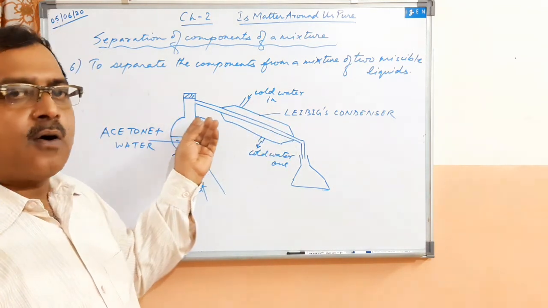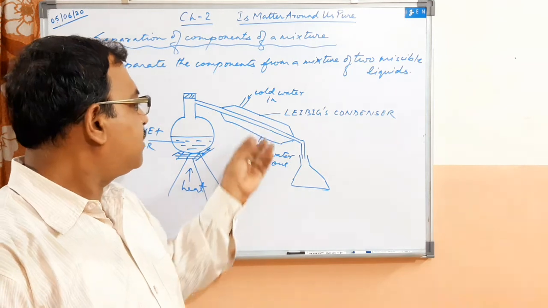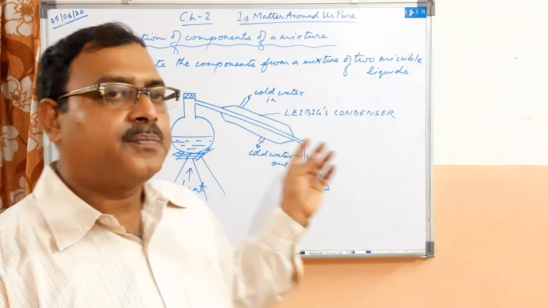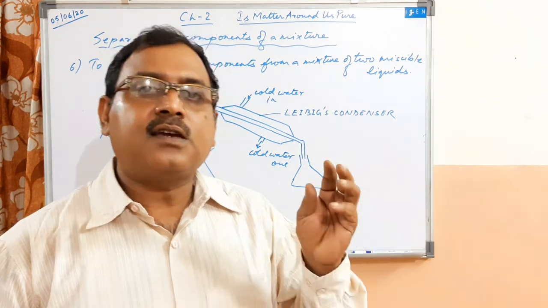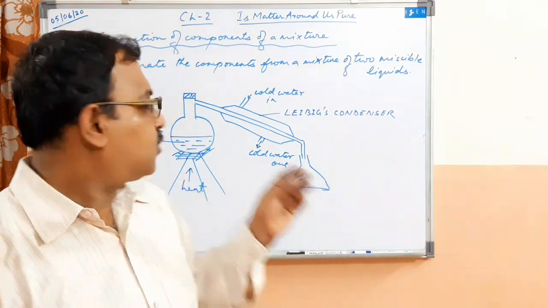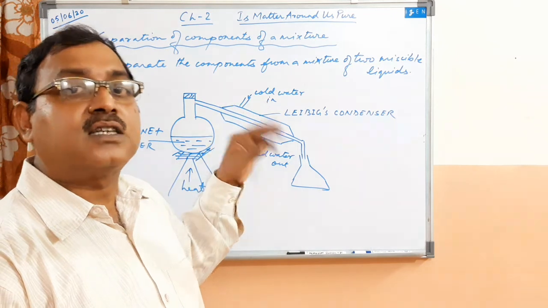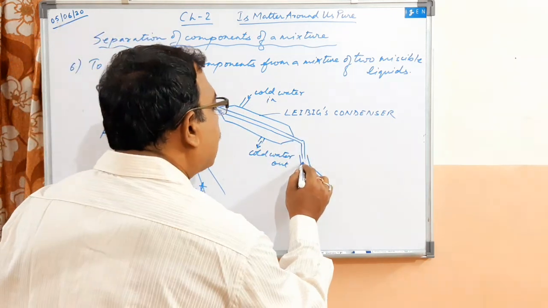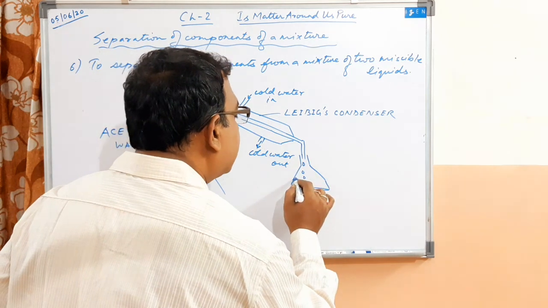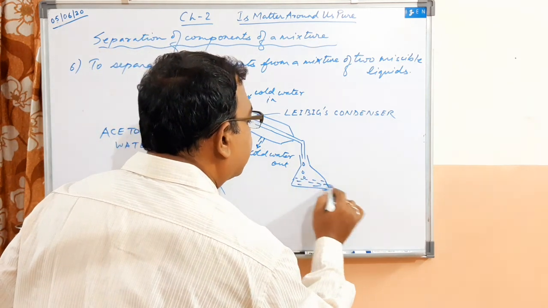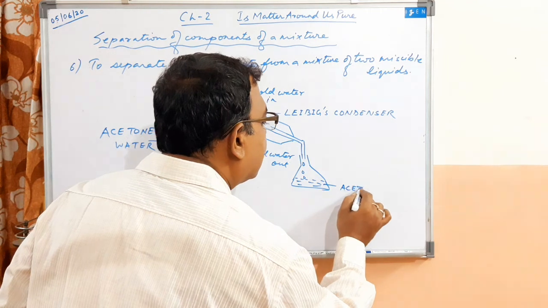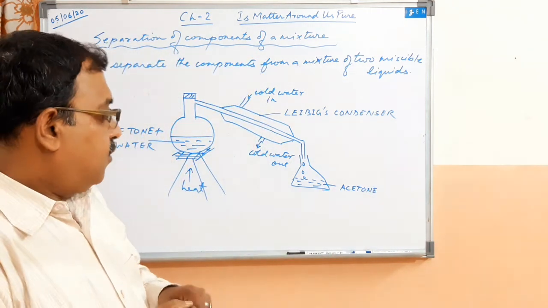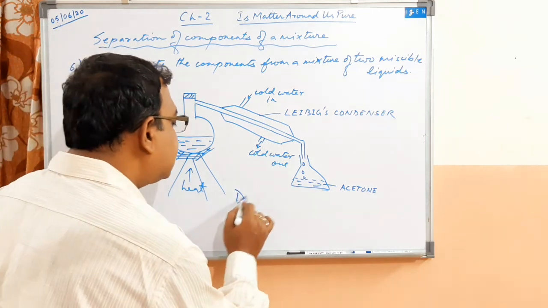So the vapor, on coming in contact with this cold surface inside the Liebig's condenser, gets condensed into liquid. So the vapors of acetone here get transformed into liquid acetone, and here dropwise you will find it gets filled over here. Right? So this process is called distillation.